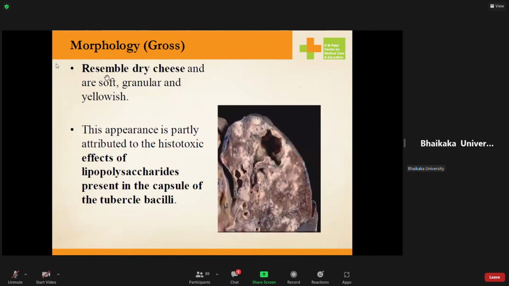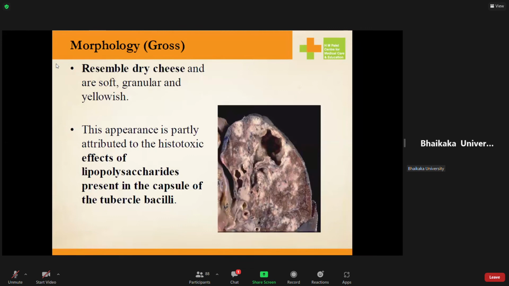This necrosis on gross appearance resembles dry cheese, and it is soft, granular, and yellowish in appearance. It is the cross section of the lung, and you can see this is the caseous necrotic area, and it appears dry, cheesy, and granular. And it is due to the histotoxic effect of the lipopolysaccharide present in the capsule of the tubercle bacilli.